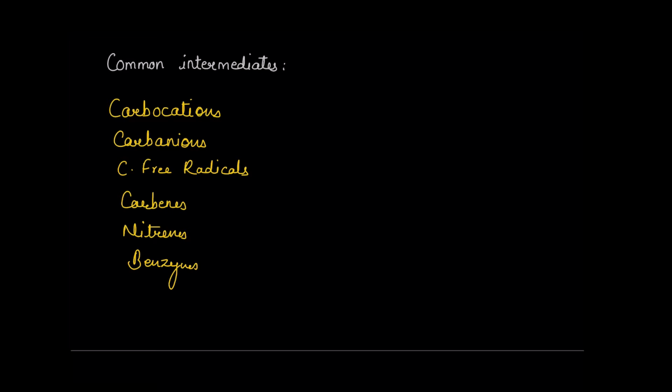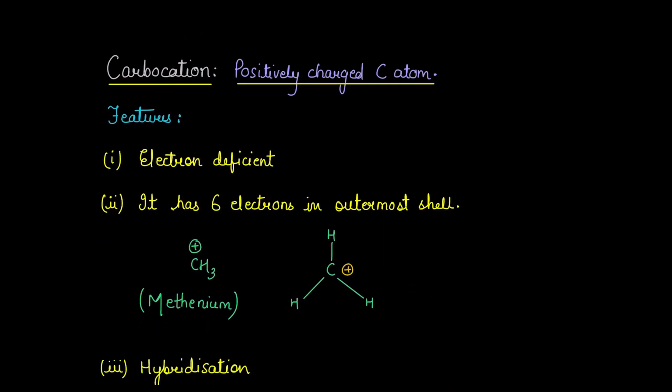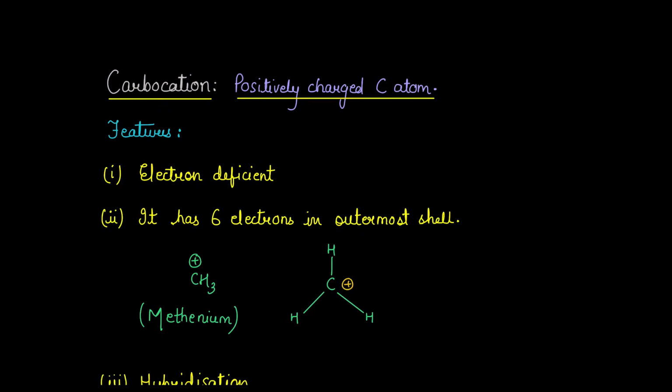We'll study about these intermediates. Starting off with carbocations. So what is a carbocation? As we can see, it's a combination of two words, carbon and cation. So a positively charged carbon atom is called a carbocation. Pretty simple. So what are the features of any carbocation?